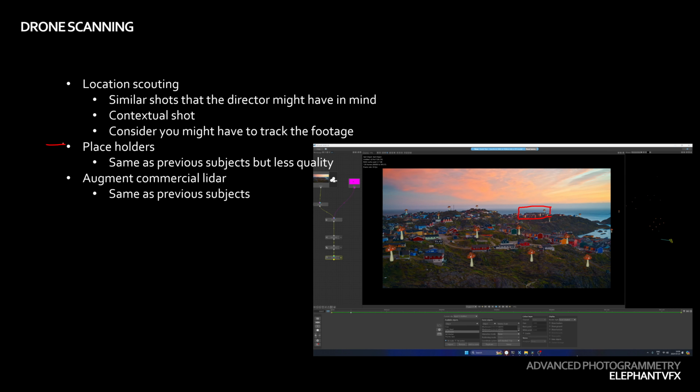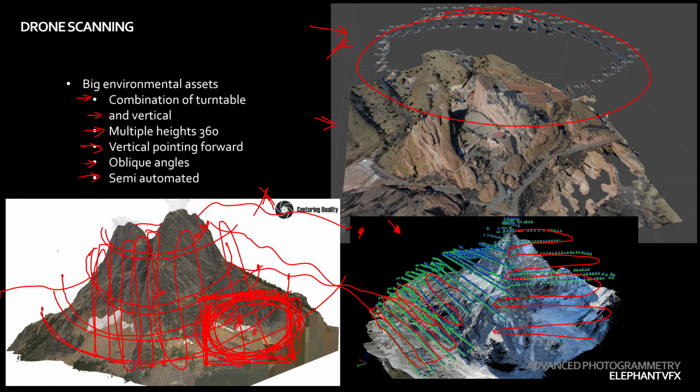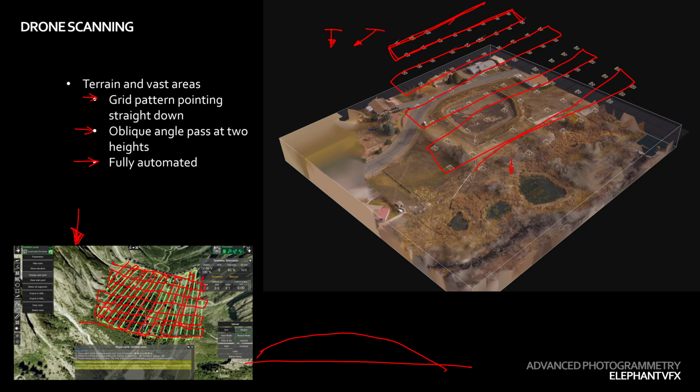And then for placeholders and augment commercial LiDARs that we mentioned before, the same thing applies: the way that we scan terrains, the way that we scan big environmental assets or vertical elements or turntables, all of that applies.